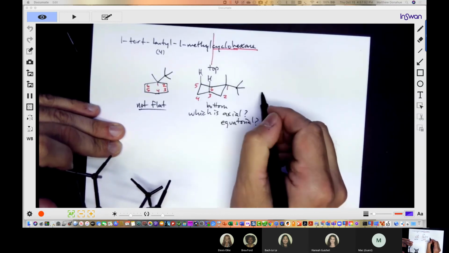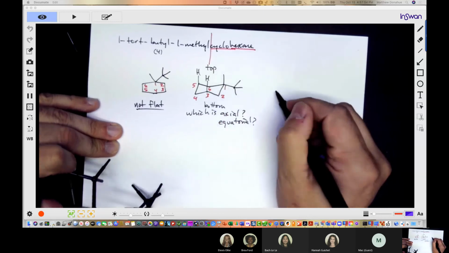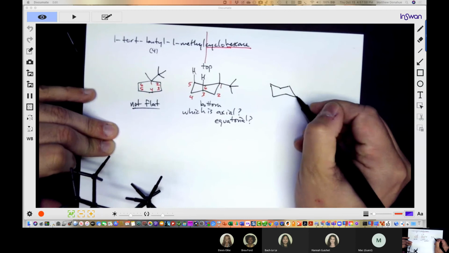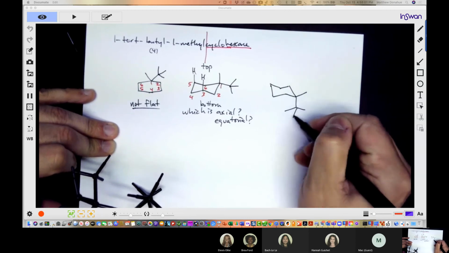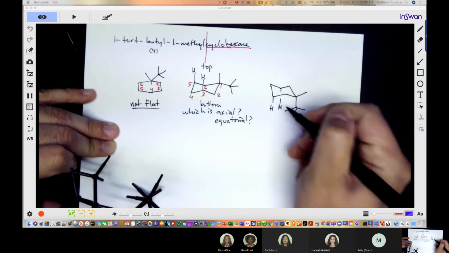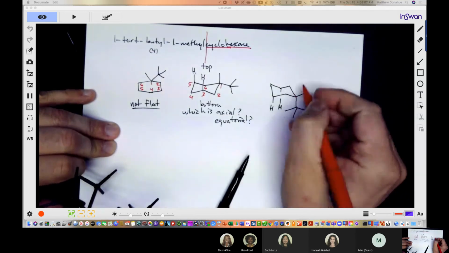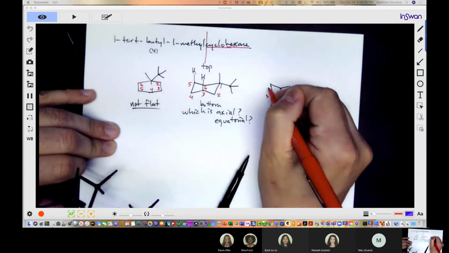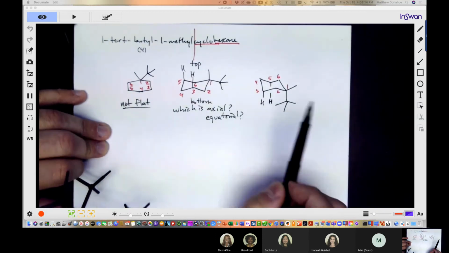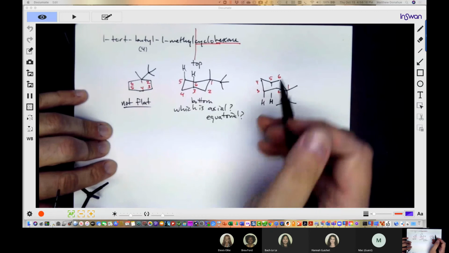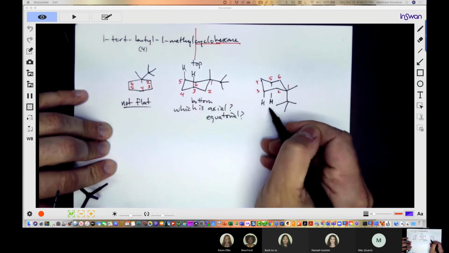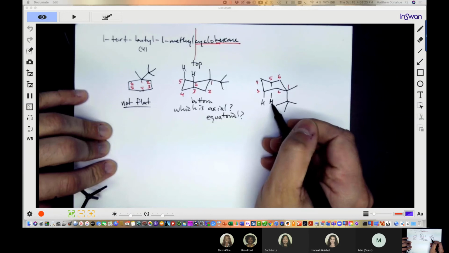So if we were to do a chair flip, so this is a chair flip, we want to minimize this large group banging into these other groups that are also axial.